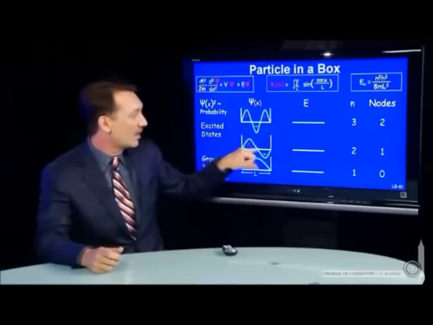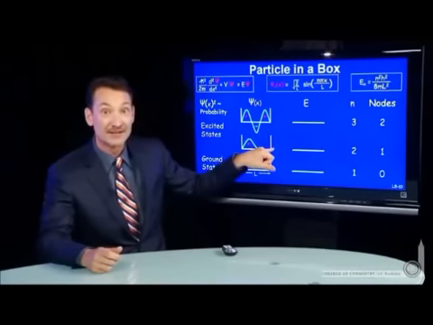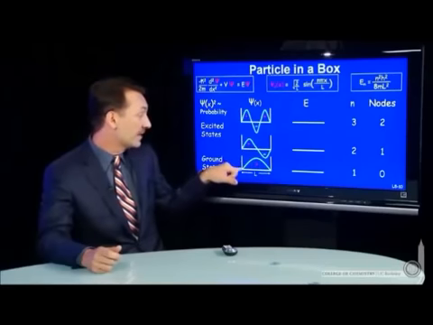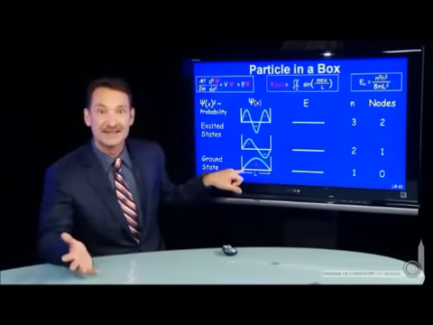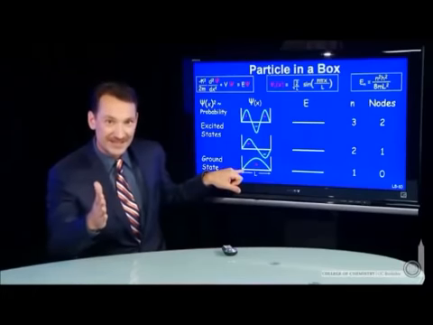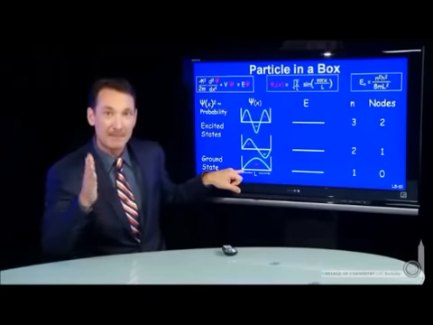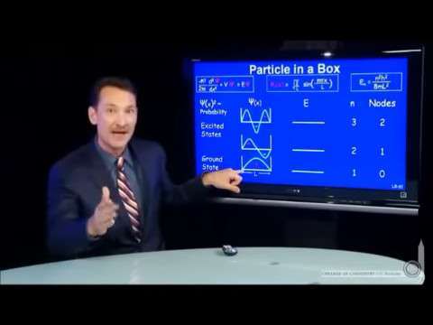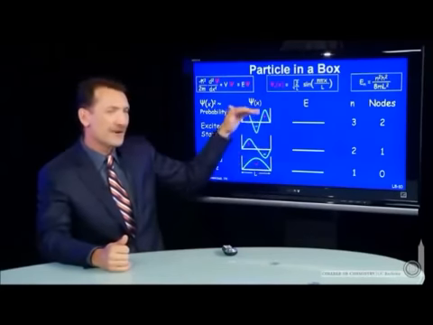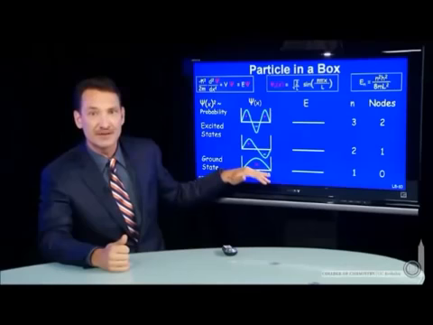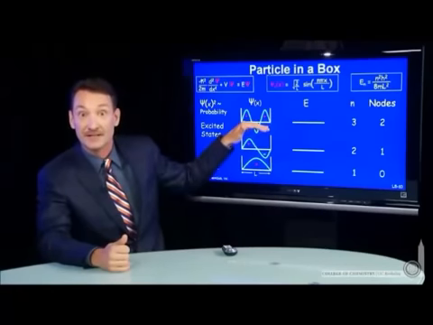I can't fit 1 1/3 wavelengths in this box, or 1/4 of a wavelength, because the particle has to go to 0 probability at the ends. So if I fix the ends of the box, I put boundaries on a wave, I naturally get what I call quantization. Not every wave can fit in these boxes. Only certain waves can fit in these boxes.